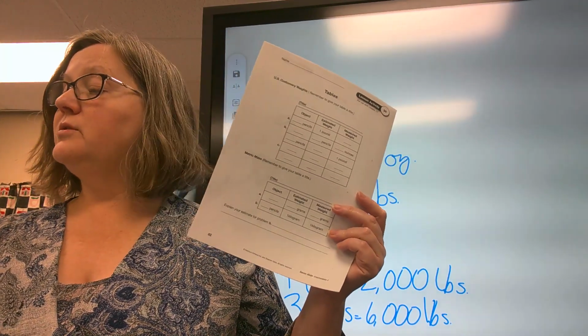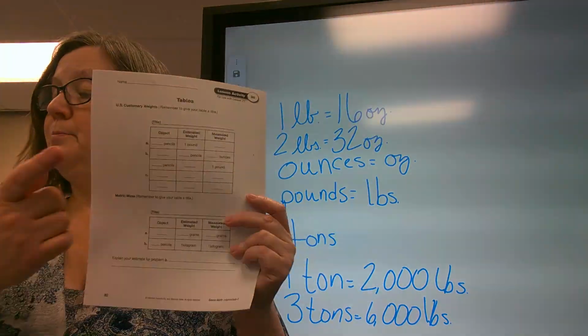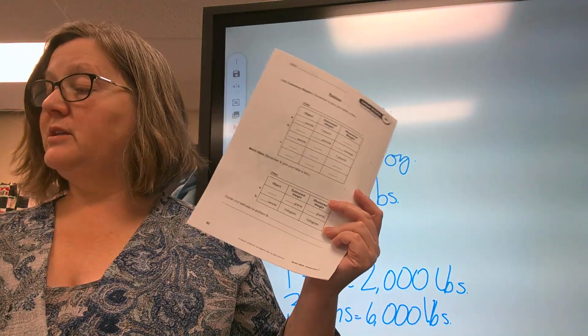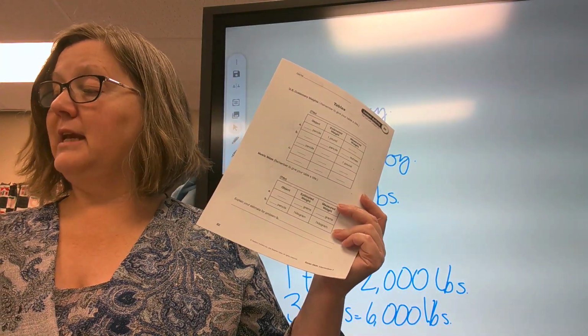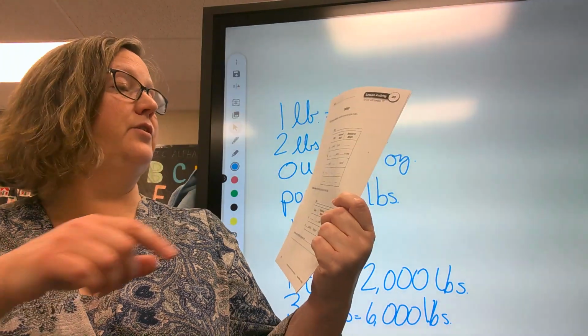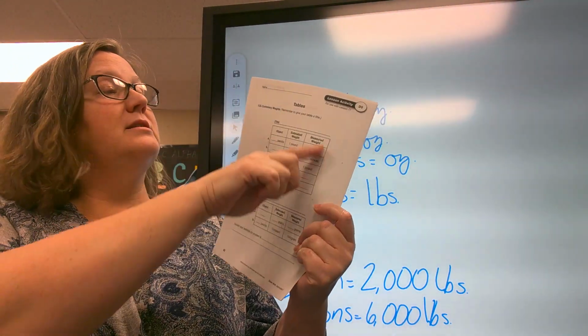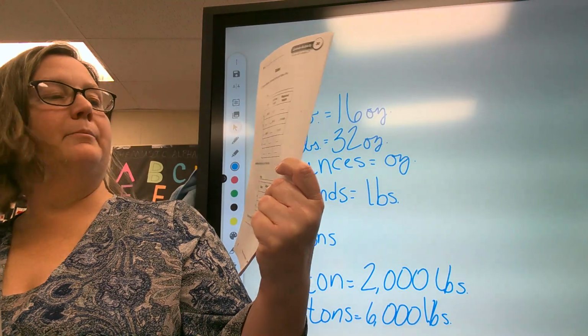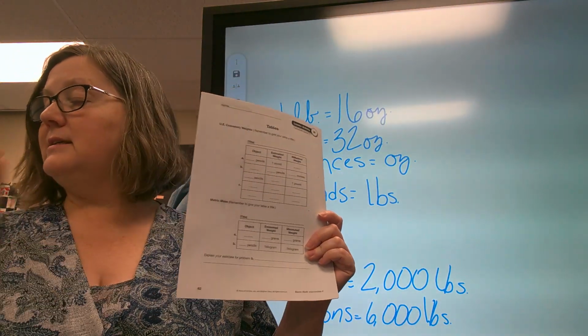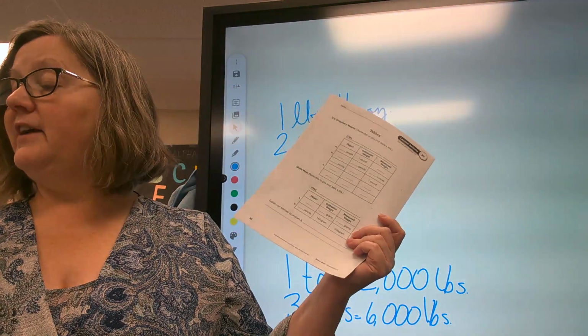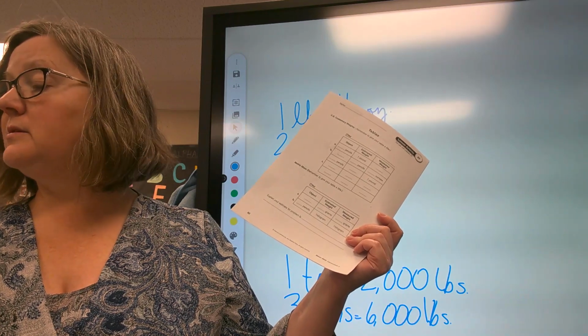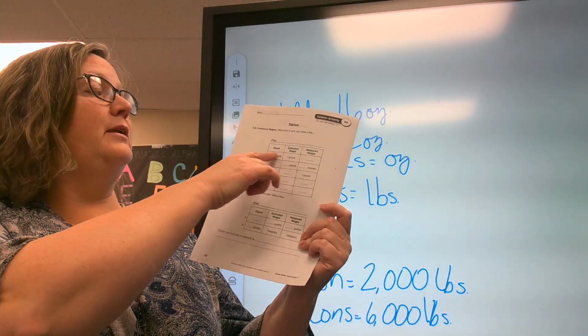So it says, use a balance scale and pencils to perform these activities using the U.S. customary weights table on lesson activity 30 to record your score. So you'll be using this, okay? Just this top one. A, B, and C. So A says, each bundle of 5 pencils is equal to 1 ounce. Using this information, how many would weigh a pound?